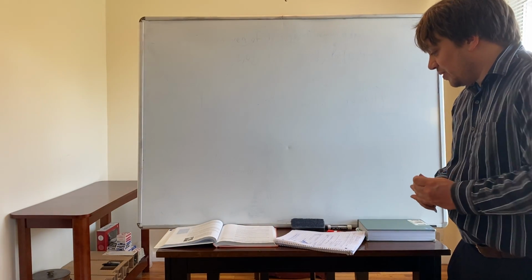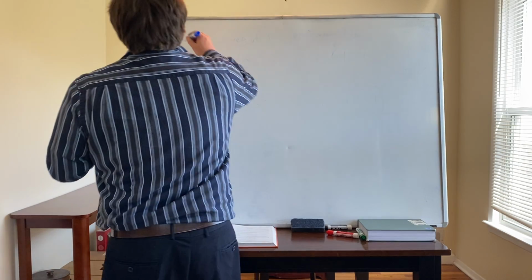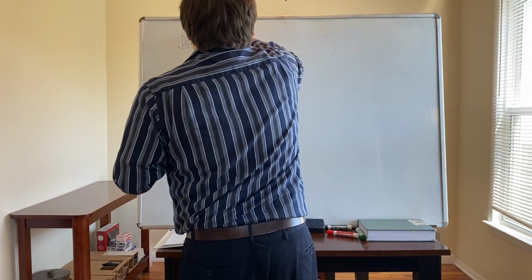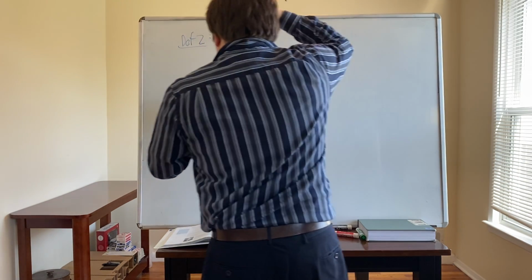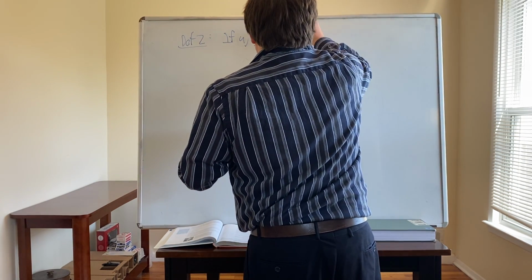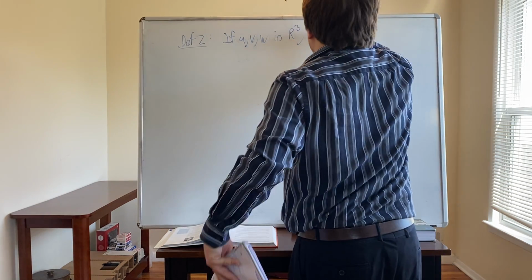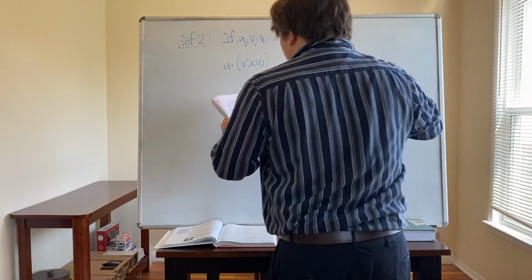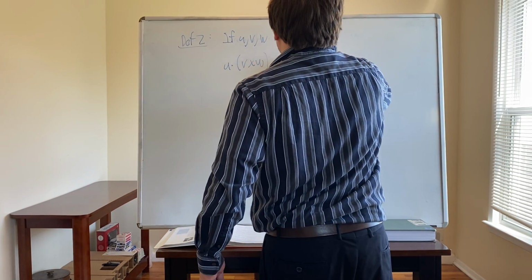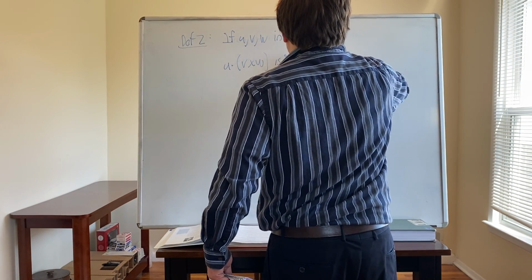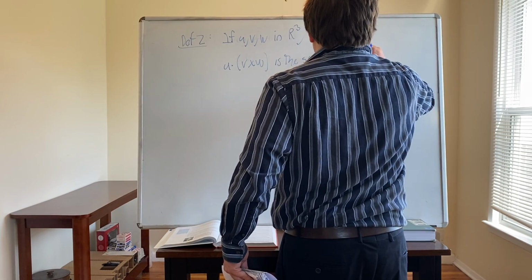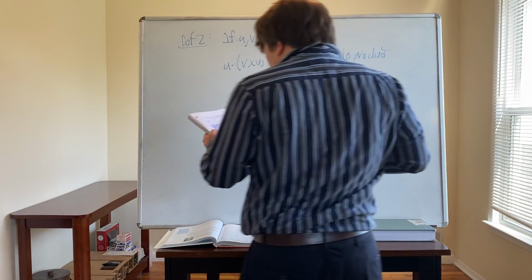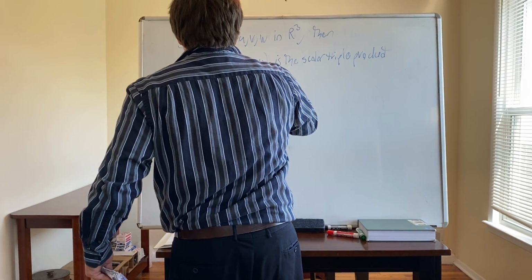Okay, so definition 2. If u, v, w are vectors in 3 space, then u dot v cross w is called the scalar triple product of those 3 vectors, of u, v, and w.